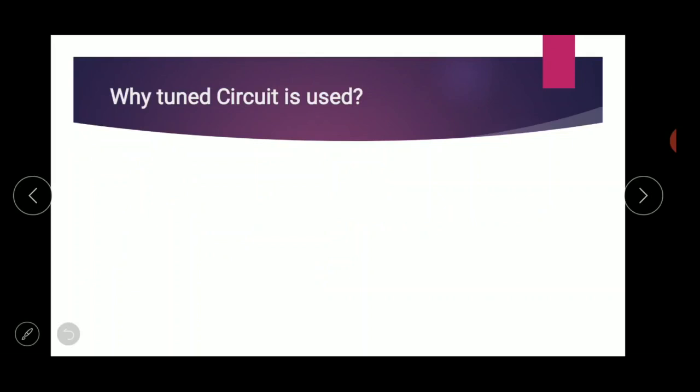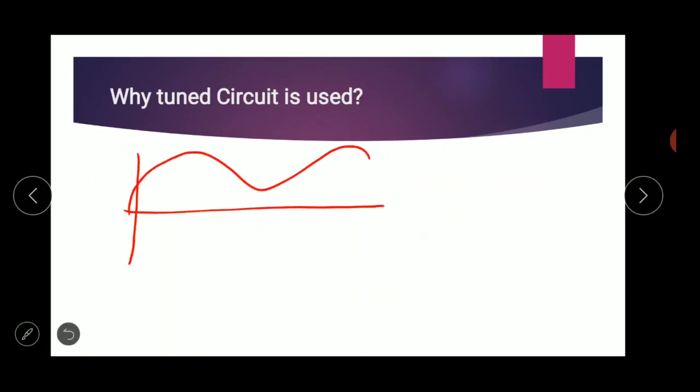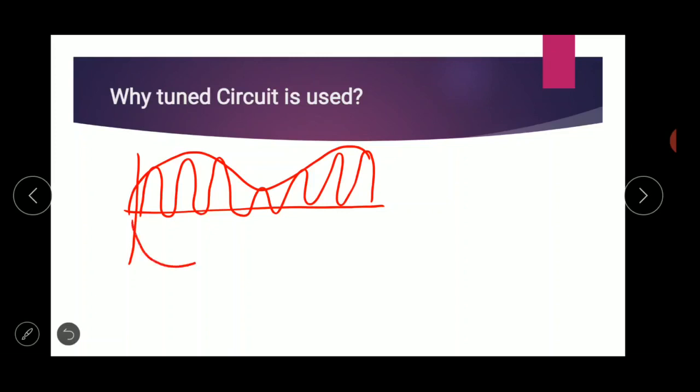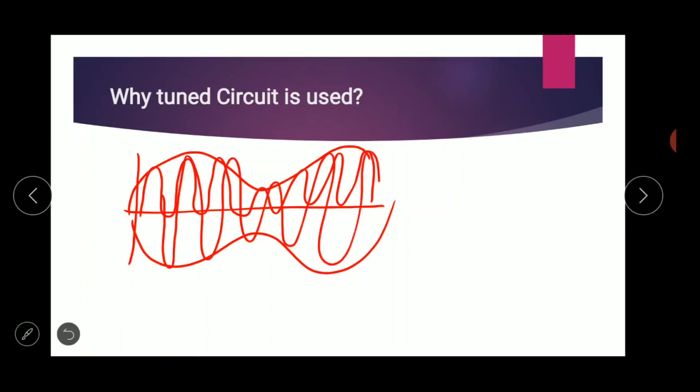How? The values of L and C are so selected that the resonant circuit oscillates at the frequency of the input signal, meaning the frequency of the carrier signal. At the input of the resonant circuit we get a waveform like this, meaning we get half of the modulated signal, but this is not the desired output.